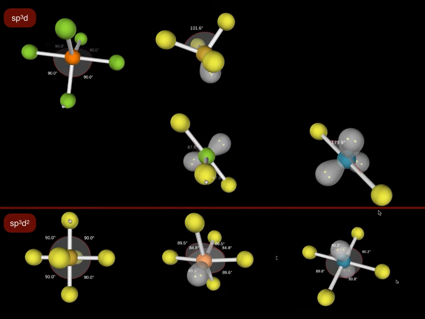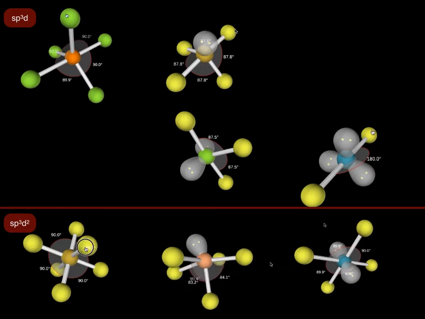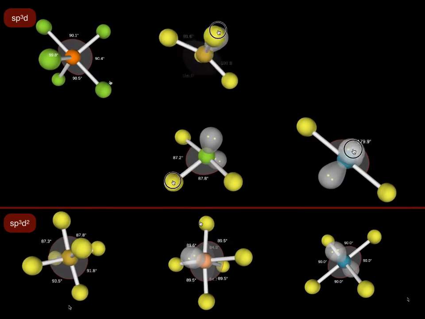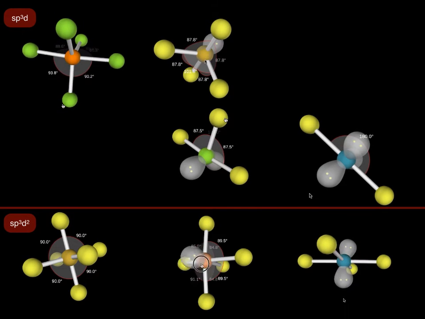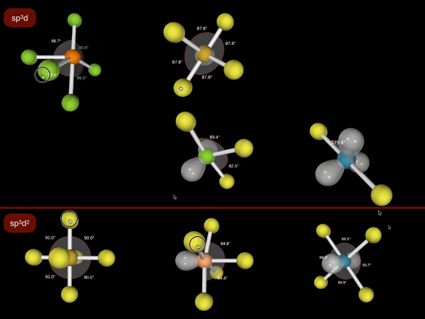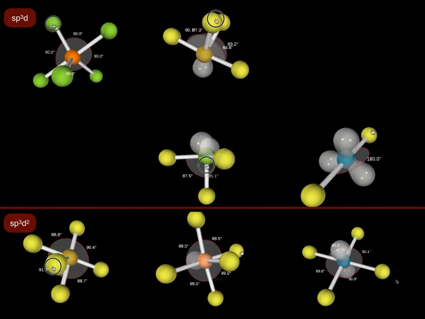For sp3d2 hybridization, octahedral, again, means 8 faces. Again, one should not count the auxiliary points. That would only be 6. Rather, one should look at all the possible three-cornered sides.